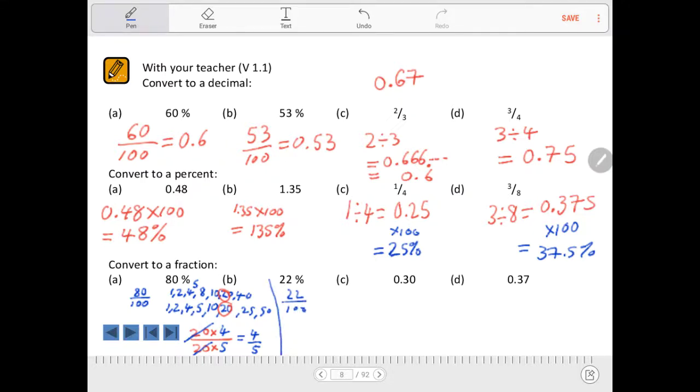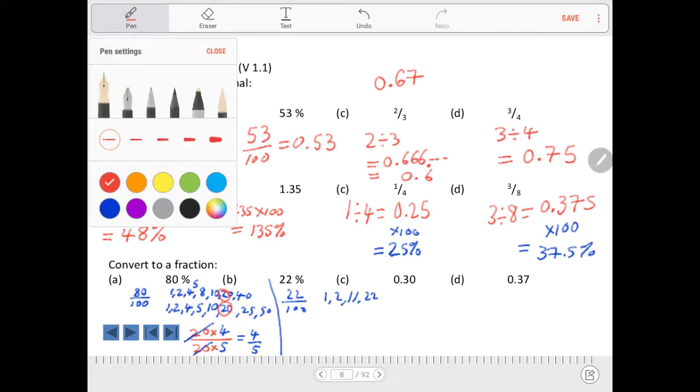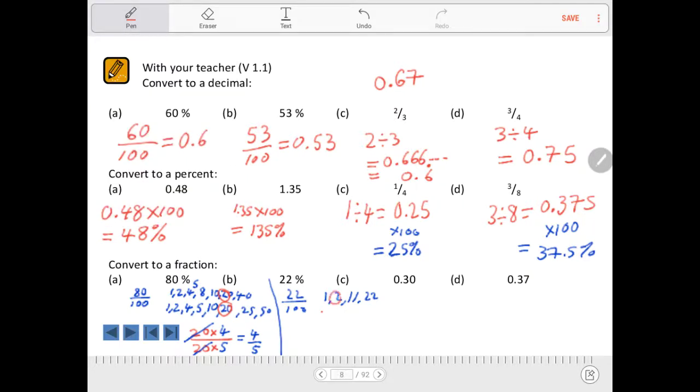Okay, so the factors of 22, well, I can think of 1, 2, and 11, and 22 as well. So I'm looking here, and I can see that the biggest common factor between 22 and 100 is 2. So I'll write that 2 just like I did with the 20 before. 2 times over 2 times.